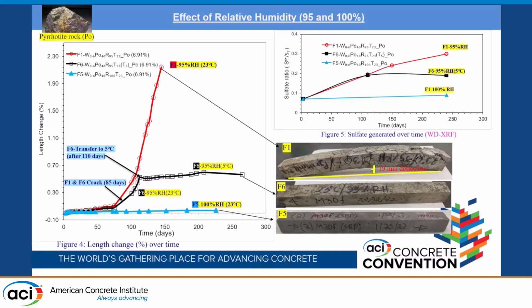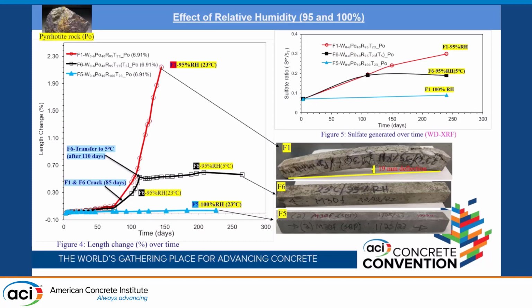However, the F1 specimen was continuously kept under the same environmental condition, and it showed the quickest expansion and completely broke after 147 days. It also showed 19 millimeter deflection. Another specimen, F6, was transferred to 5 degrees Celsius temperature after 110 days to promote thaumasite formation.